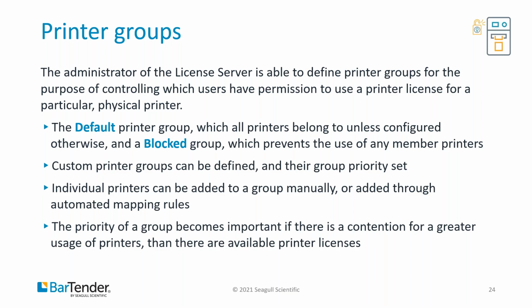So when there's a contention for usage of printer licenses, that's when the priority kicks in. So for your production line, you'd probably want to set that to be high priority. They are always high in the priority of which printer licenses those printers will have availability of.